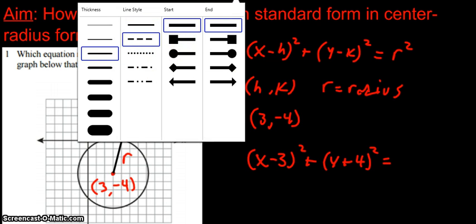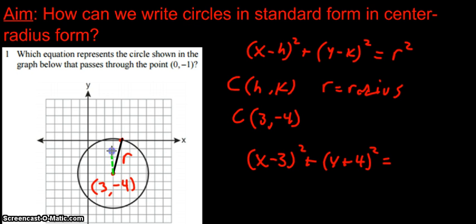Alright, so this has a vertical distance of 4 and a horizontal distance of 1. So this is a right triangle whose sides measure 4 and 1. So 4 squared plus 1 squared equals r squared. So 16 plus 1 equals r squared.